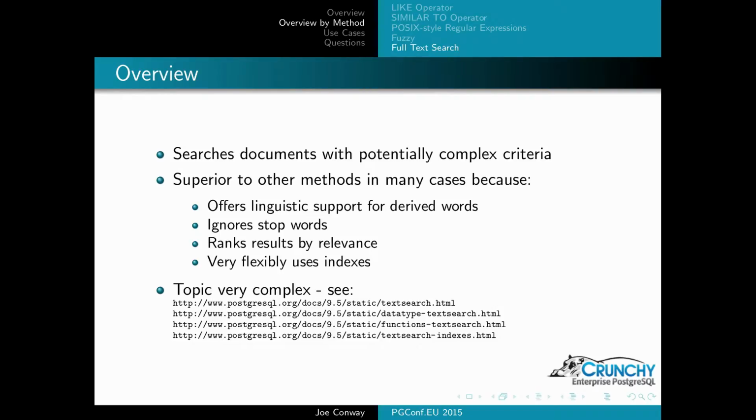So, kind of as an overview, full text search lets you search documents with potentially complex criteria. It's better than other methods that we've talked about because it does offer linguistic support for derived words. In other words, it'll do what's called stemming. It'll take words that are equivalent and make them equivalent for the purposes of the search.